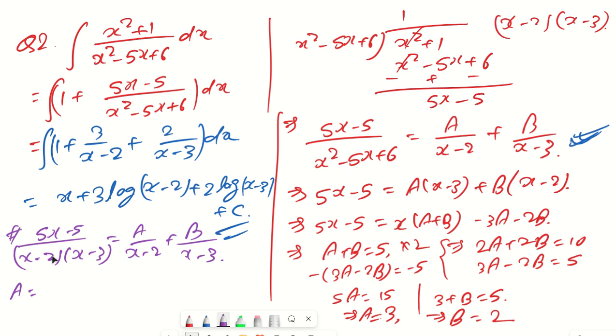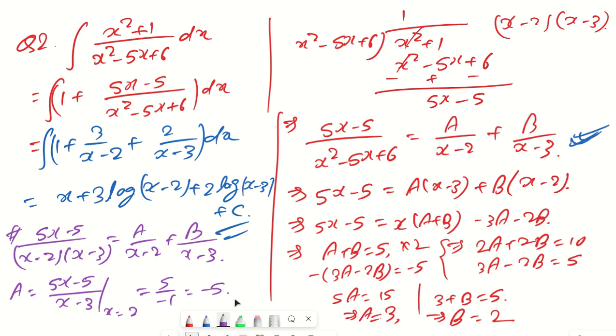So we have to find the value of this at x equal to 2, and remove that x minus 2 from here. So we are going to get (5x minus 5) by (x minus 3) at x equal to 2. Putting x equal to 2, 5 twos are 10 minus 5, that is 5 by minus 1, so that will become minus 5.